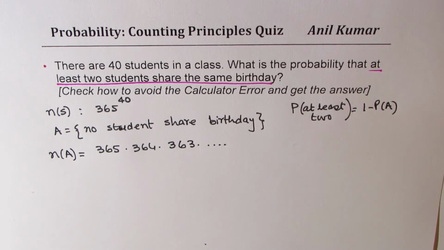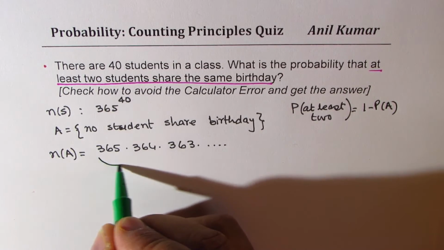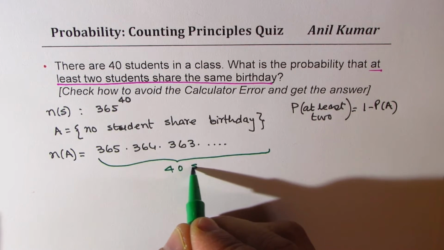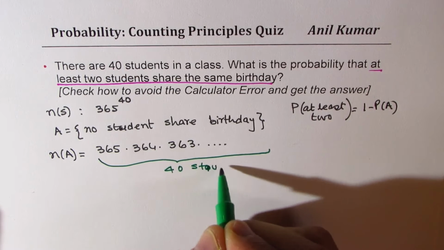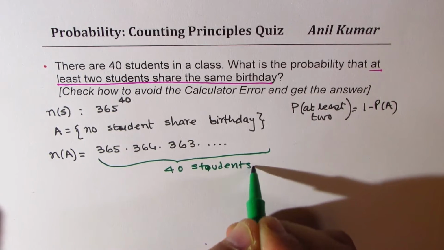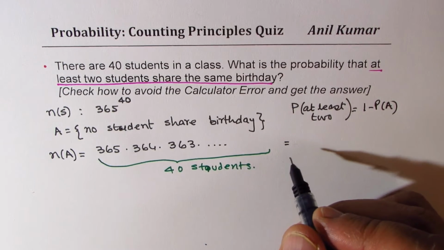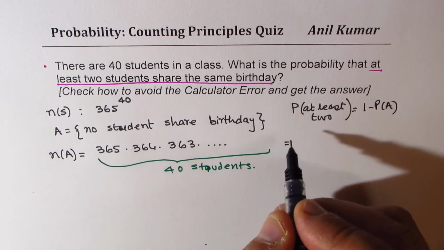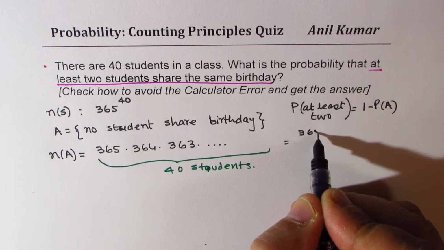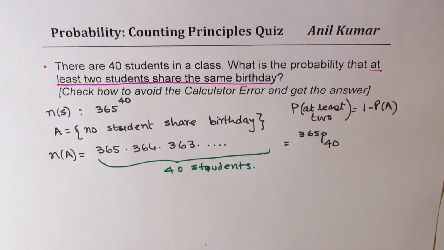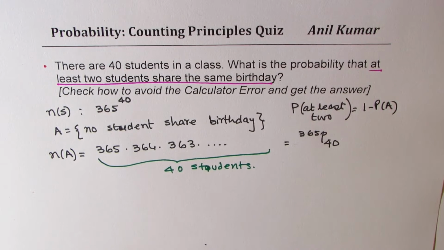So this is for all 40. So we'll have this for 40 students. Which I could write in permutation form as out of 365, we are selecting 40 items. Correct? Any 40 days. That is what you get.